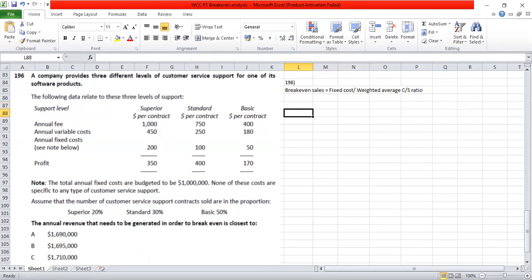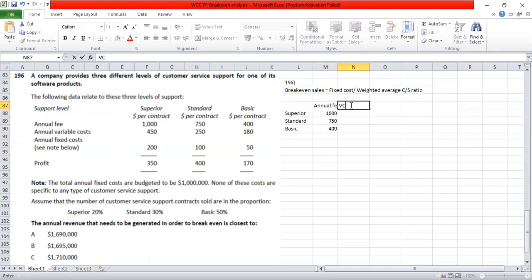Let's start with the first product, superior, then standard, then basic. The annual fee is given: 1,750, then 400.